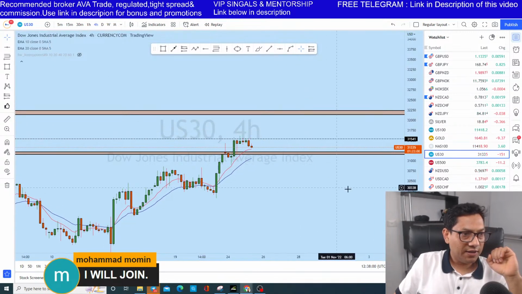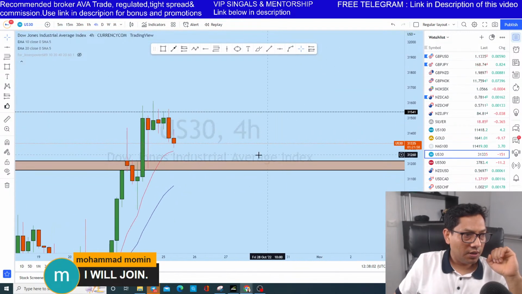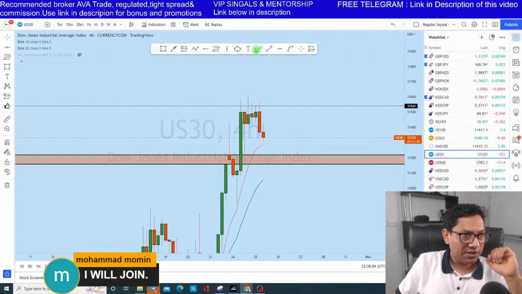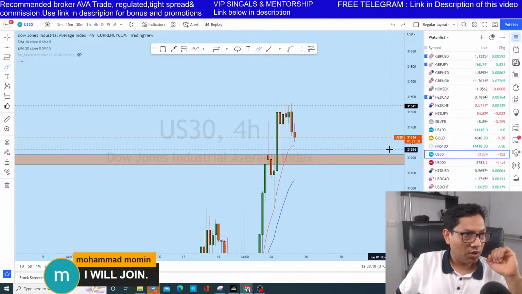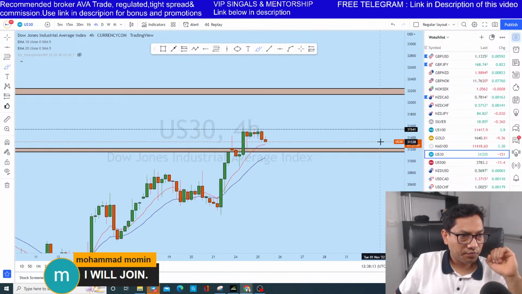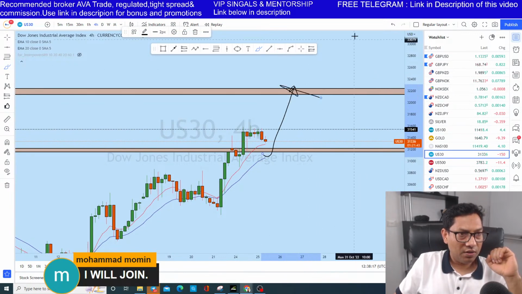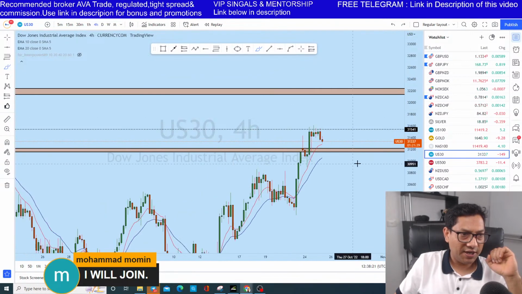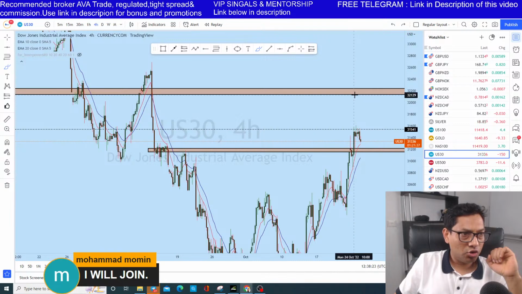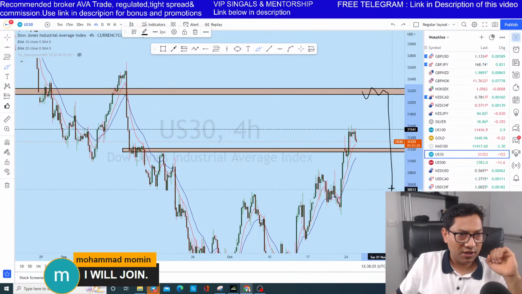With that being said, let this price action come back down. From this zone, if we see a bullish setup, we can consider longing. As you can see, there is a gap to fill, and I think the price will bounce to the upside again. And from that zone, we might see US30 reversing.